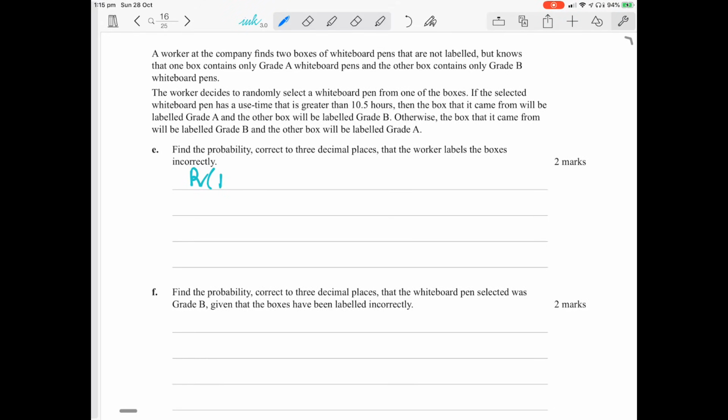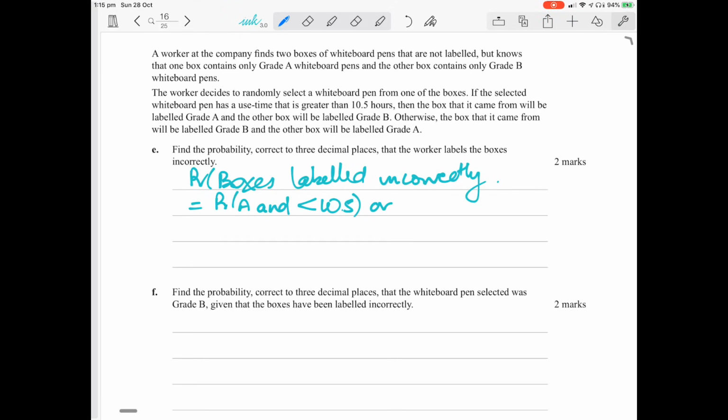So the probability that the boxes are labeled incorrectly is the probability of A and less than 10.5, or the probability of B and greater than 10.5.